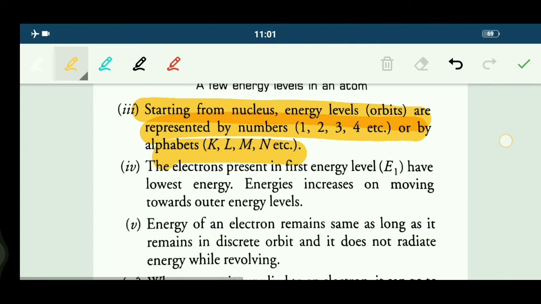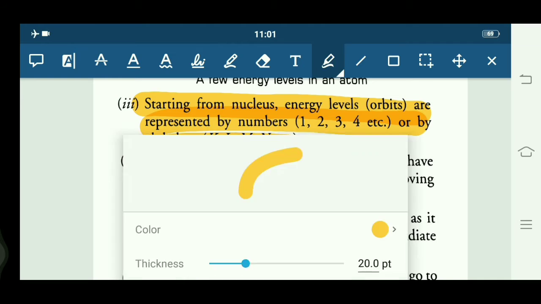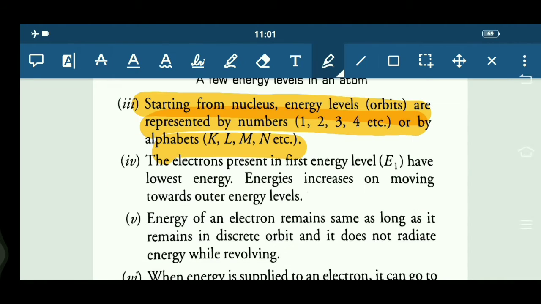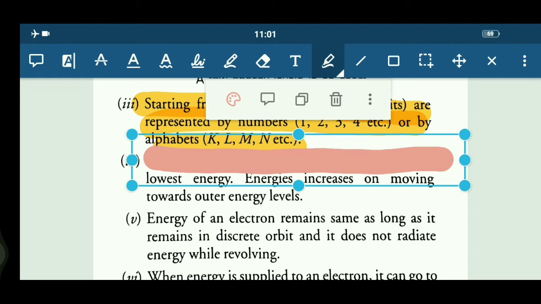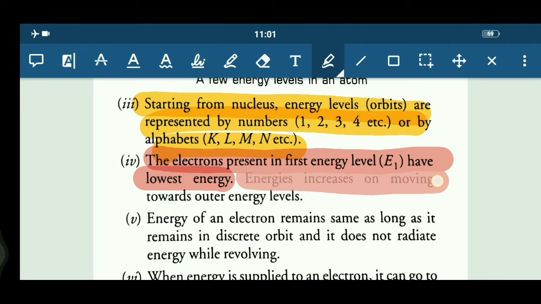Now, the next postulate is that the electrons present in the first energy level have the lowest energy, and energy increases on moving towards the outer energy levels.